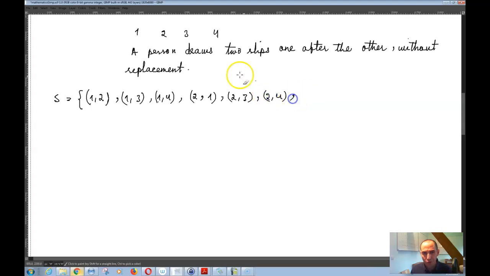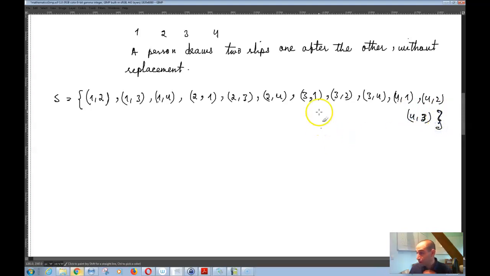Or he picks the third one, so that would be 3, 1, then 3, 2, then 3, 4. Or he picks the fourth one and then the first one, the fourth and the second, and the fourth and the third. So that's basically what could happen. Number 13, that's exactly the right answer.